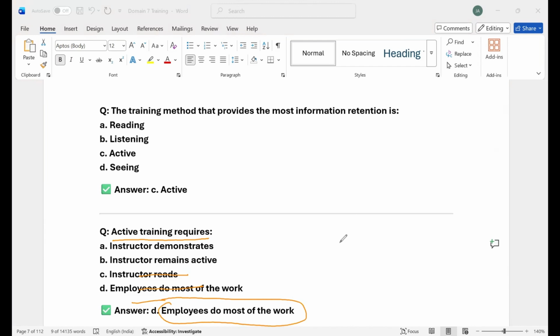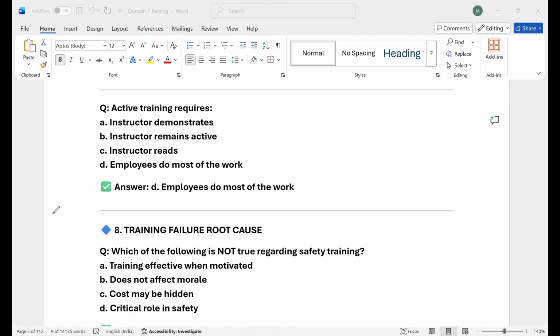Active training means the trainer being active is of no benefit. The trainees who take the training should be active. Very, very important point. Employees do most of the work. The concepts are very simple, but when they are given in an application level question, at that time you get confused. That is why we give these questions repeatedly after each set of notes that we discuss.